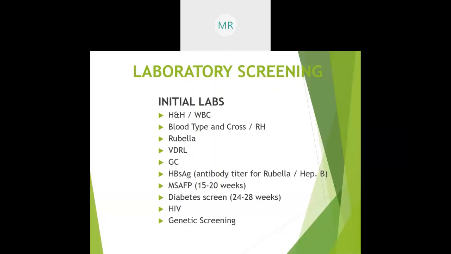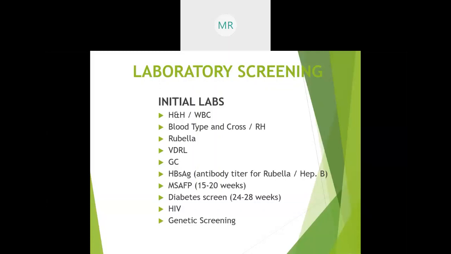And she'll be fasting. Okay, usually at about 105, that's the level that we want. At 1 hour, she should be 190. At 2 hours, she should be 165. And at 3 hours, she should be 145. She's going to be positive for this diabetic screen, which now we're going to call positive for gestational diabetes, because it's diabetes, again, gestational.